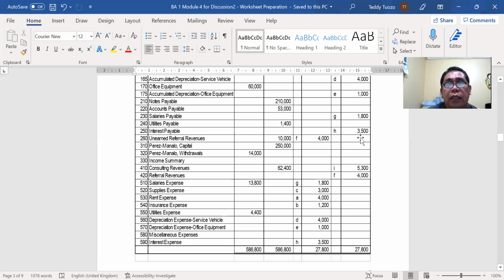Take note, class, andoon mga accrued expenses, like in actual practice, dili siya separate ng salaries payable, utilities payable, and interest payable, no? But for purposes of discussion in Accounting 1 or BA1 or Accounting 100, dapat gyud ma-separate account, no?